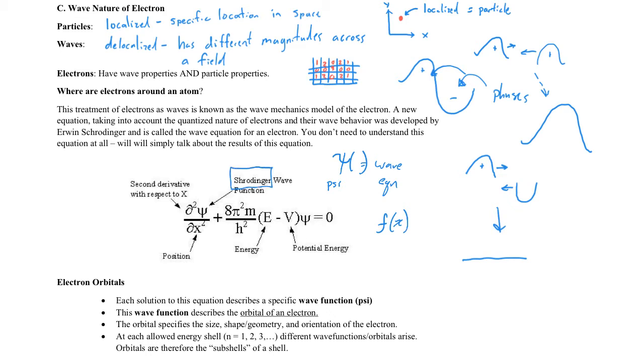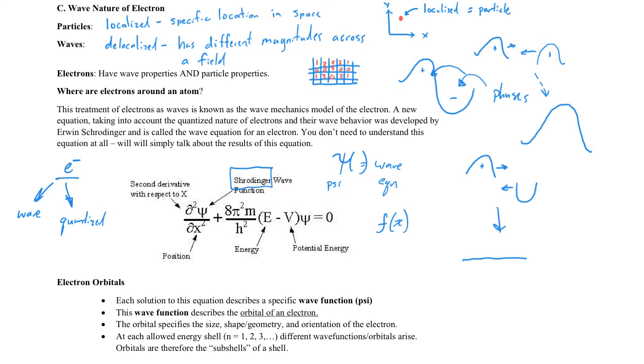Schrödinger recognized that what we were dealing with was an electron that has a few things going on with it. Number one, the electron behaves like a wave. Okay. The other thing that Schrödinger recognized is that it behaves like a quantized wave.